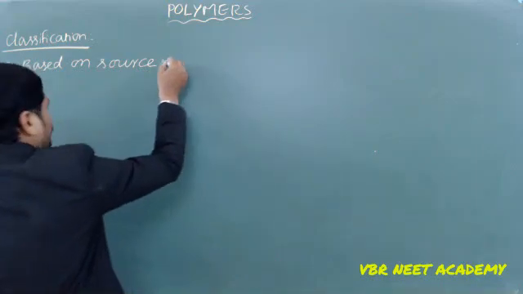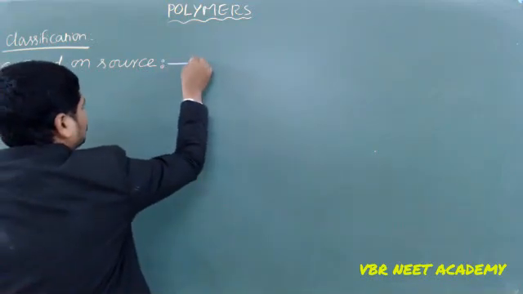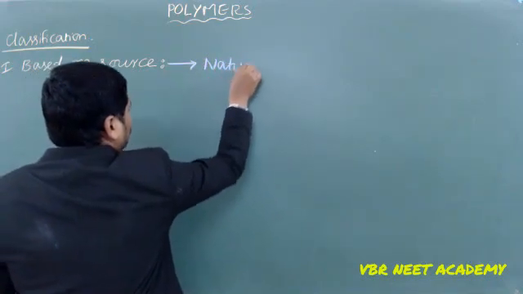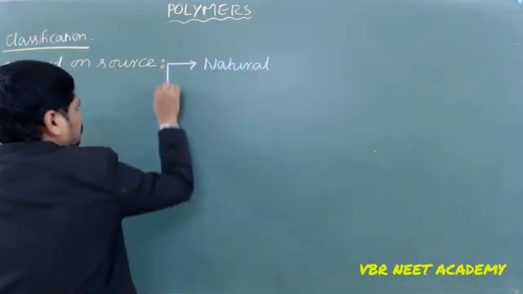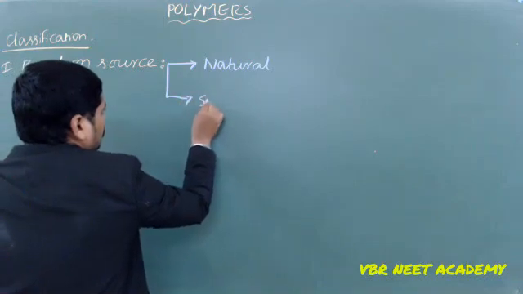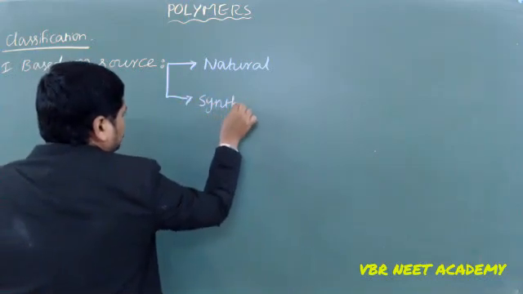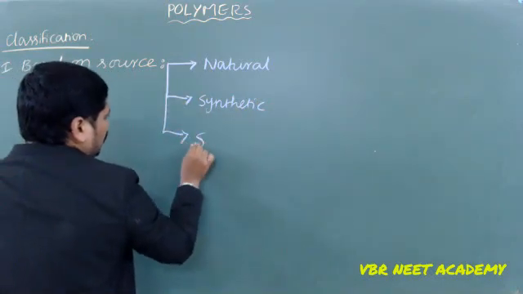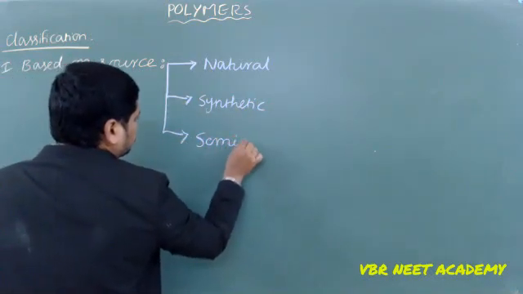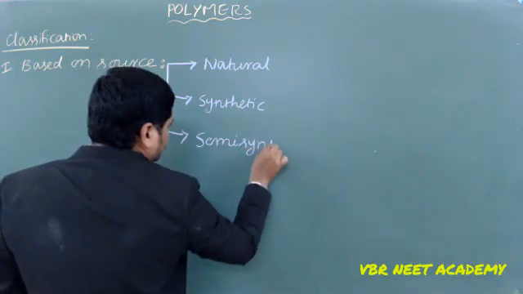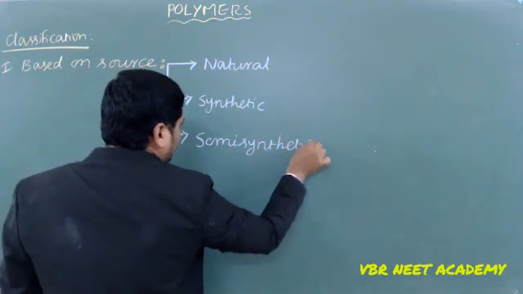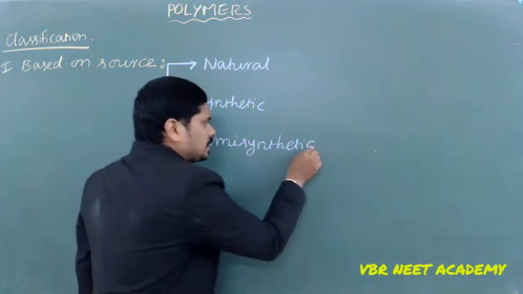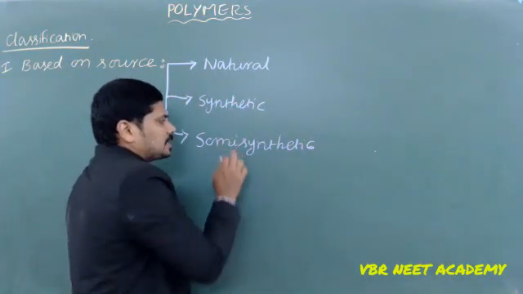Based on source, we have natural polymers, synthetic polymers, and semi-synthetic polymers. We have a total of 3 types of polymers: natural, synthetic, semi-synthetic.